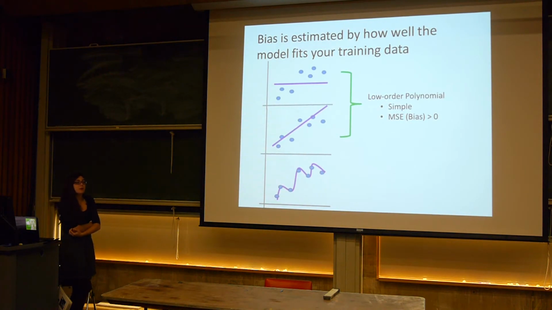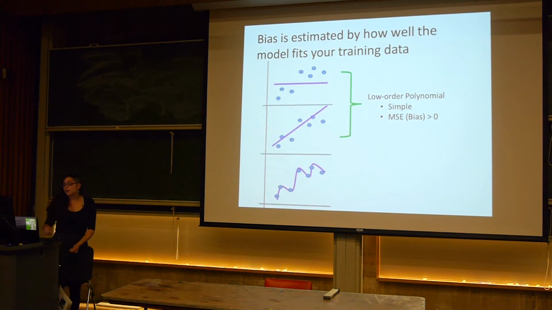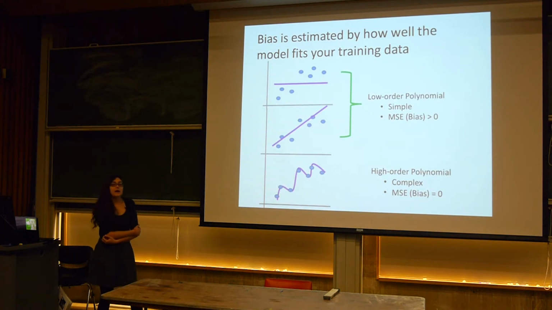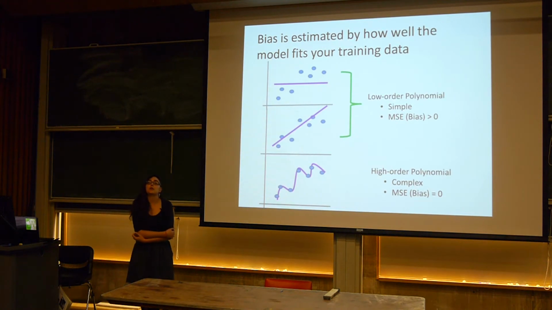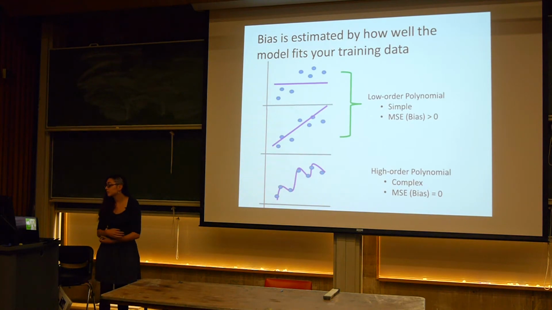For simple models, you generally have high bias. For a complex model that fits my training data perfectly, I'm going to have no bias at all, because I pass through all of the points. As you think of complexity increasing, bias is always going to go down.